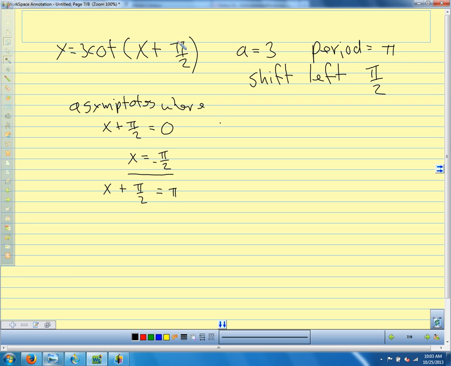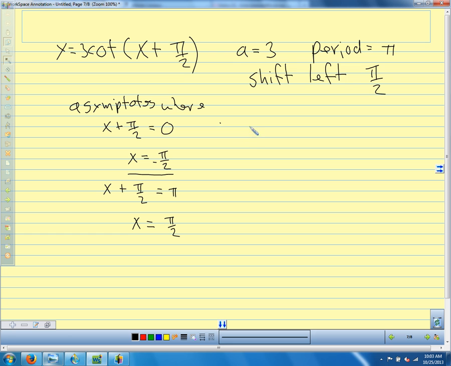So here c is negative pi over 2. So bx minus negative pi over 2, that's where we get the plus. And that's why we said shift left. So that takes care of that. And then x plus pi over 2 equals pi. So x equals pi minus pi over 2, which is pi over 2.